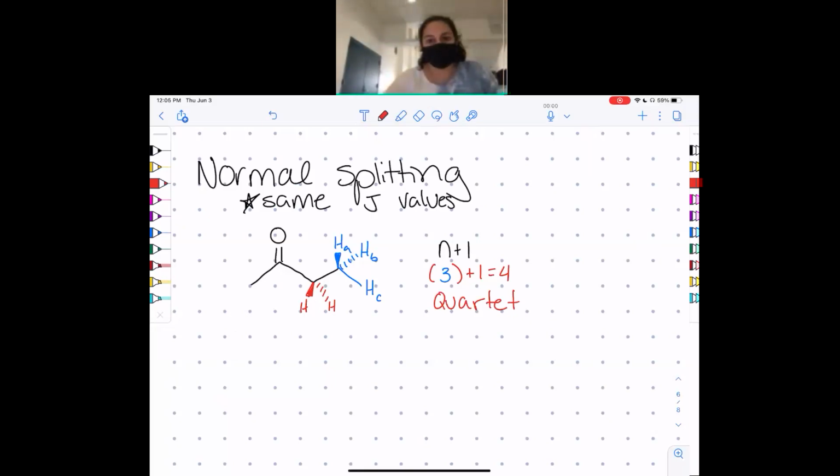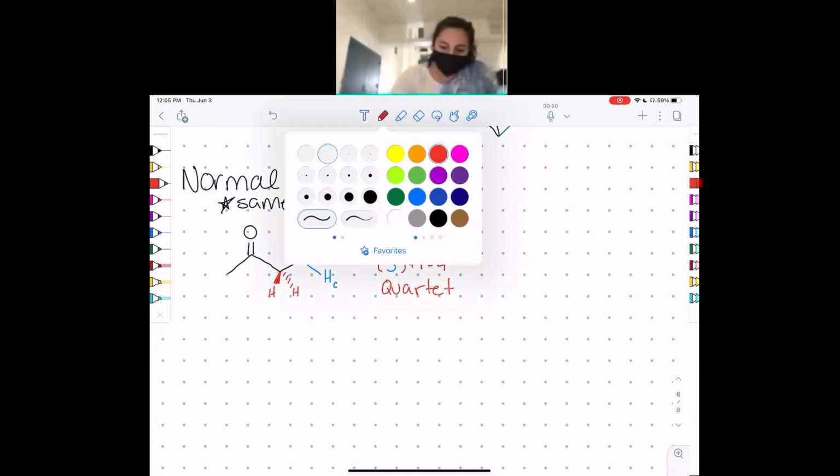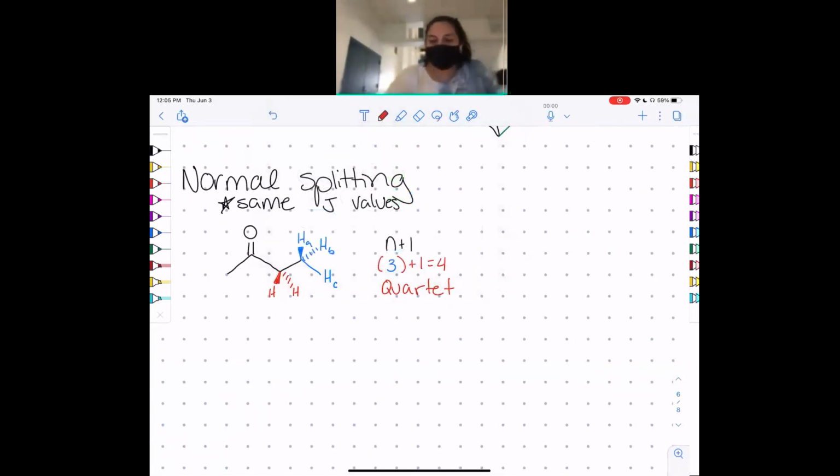Spectacular. So what in the heck does this mean, right? So I'm going to get the big marker out. So we are going to start with a red signal, right? And we are going to start out with just one signal. So this line right here represents the signal that is these two hydrogens.